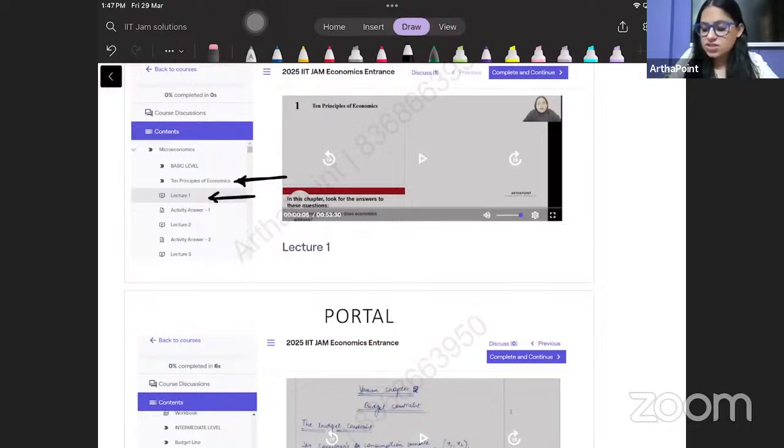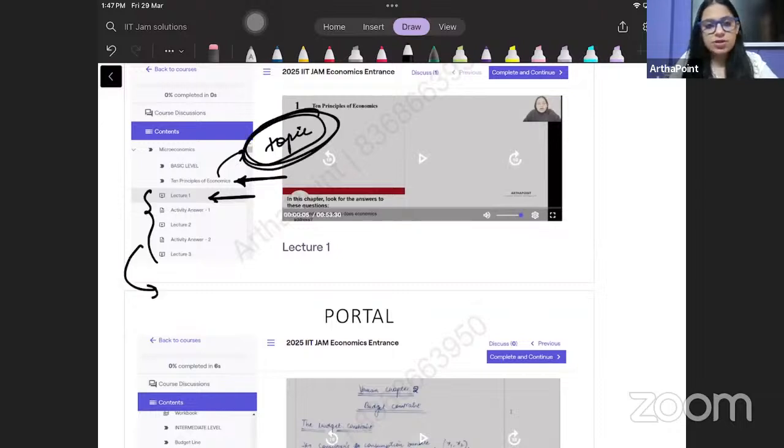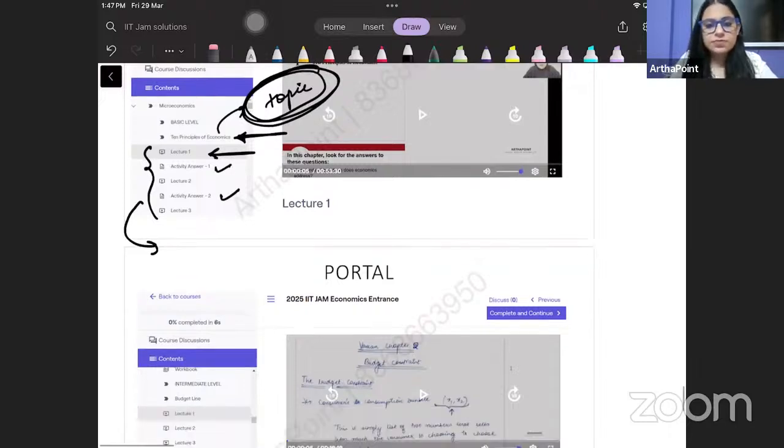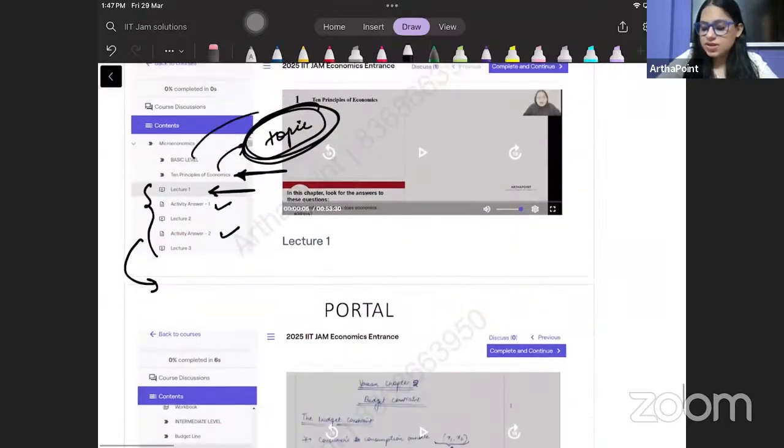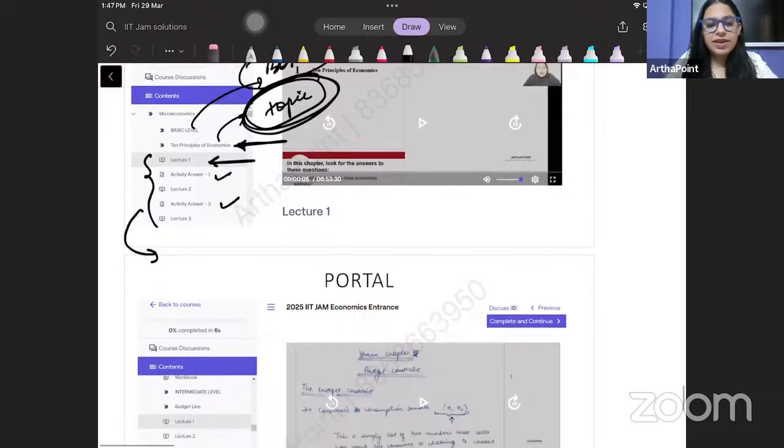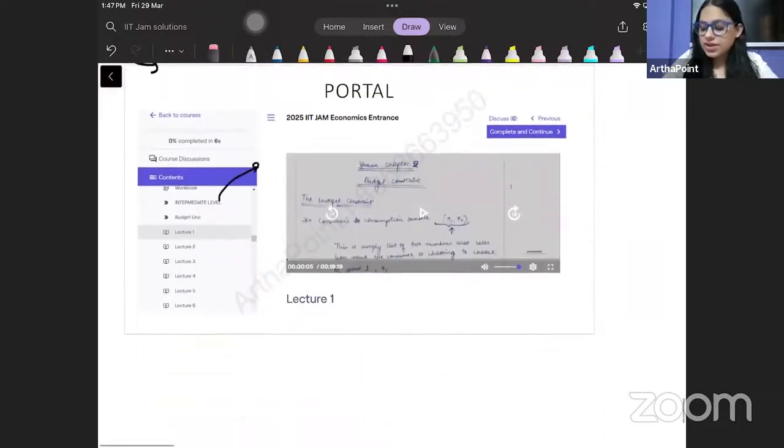This is the name of the sub chapter, and these are the lectures under that chapter. And these are the activities provided for you to do. Now, you can see that this comes under the basic level of microeconomics. And after the basic level of microeconomics comes the intermediate level of microeconomics.